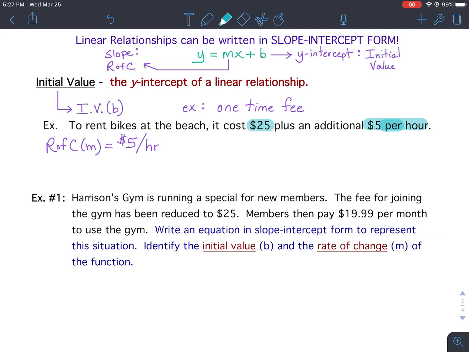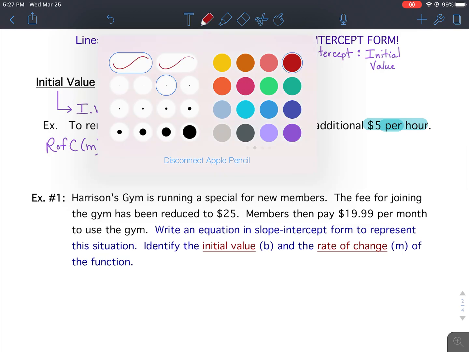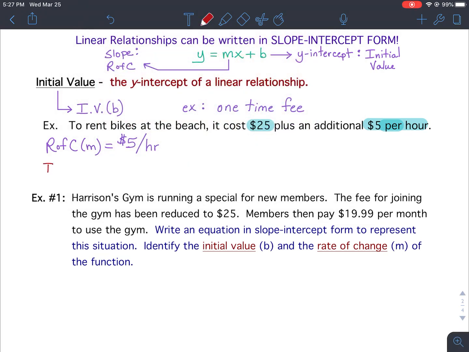For another hour, you'd pay another $5. So for 2 hours you pay $10. For 3 hours you pay $15. But you're still paying that $25 to begin with. So the $25, that is your initial value. So your initial value, your y-intercept, is $25.